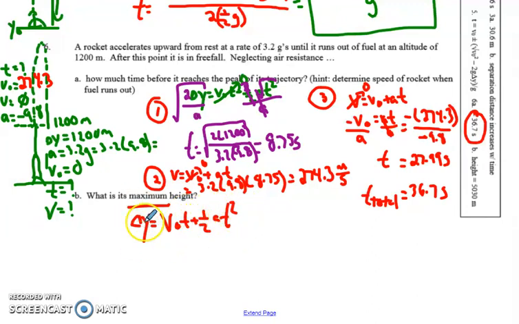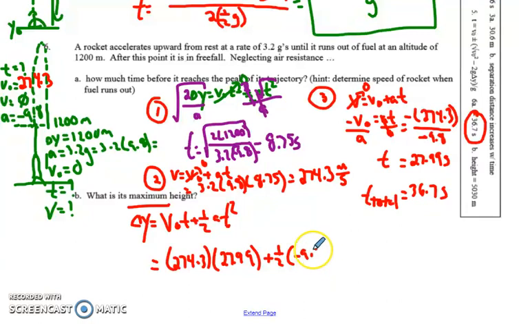So I'm going to use the vertical height. That's what I'm looking for. It's the initial velocity. Since I'm starting my problem at 1,200 meters, that is the velocity at 1,200 meters, 274.3. So 274.3 multiplied by the time that it's slowing down, so the 27.99, and then add 1/2 of negative 9.8 times my time, 27.99 seconds, squared.